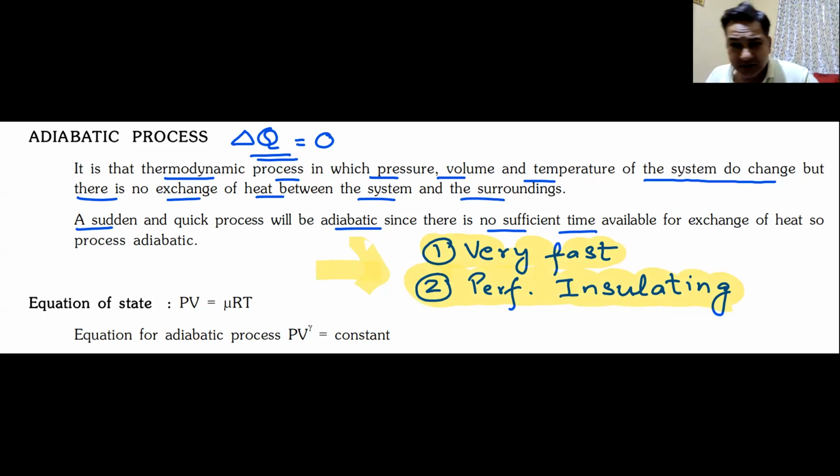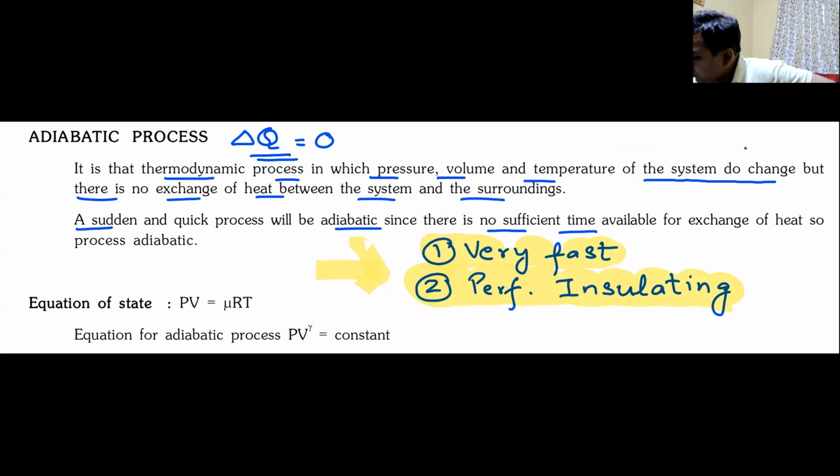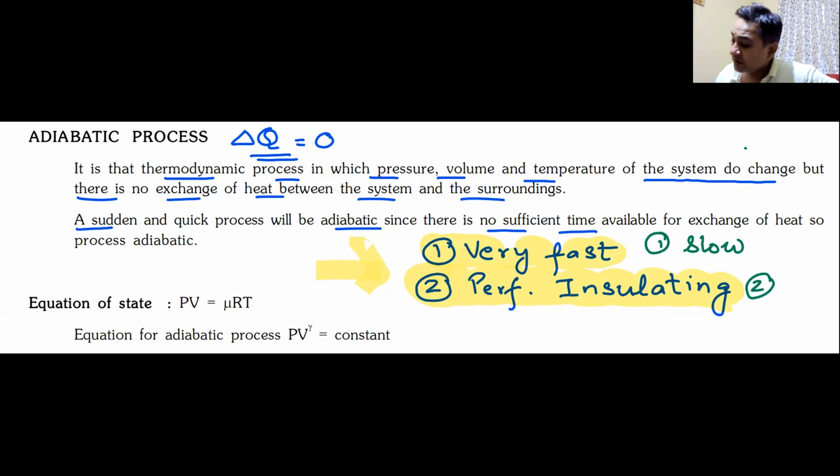What were the conditions for an isothermal process to happen? For an isothermal process, the process must be extremely slow. So I'll write here in green, the process must be extremely slow. That was the first condition. And the second condition was the process must be happening in a perfectly conducting body.